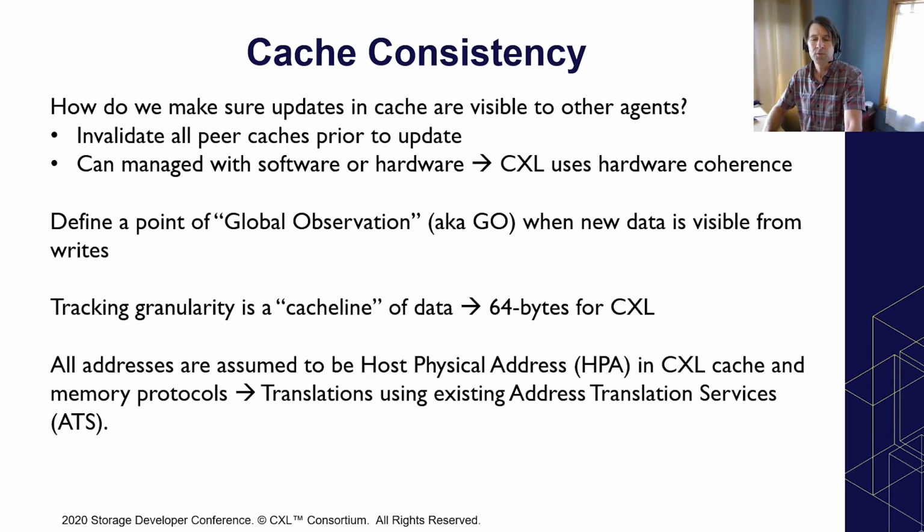And I should also note here that all addresses are assumed to be host physical addresses in CXL cache and memory protocols. Translations from virtual addresses are done through existing address translation services from the PCI Express definition.